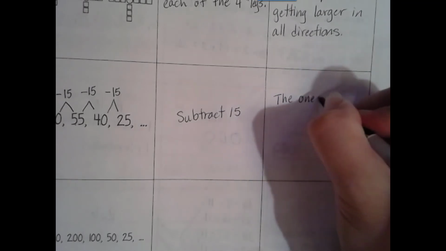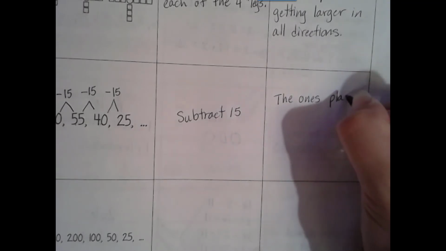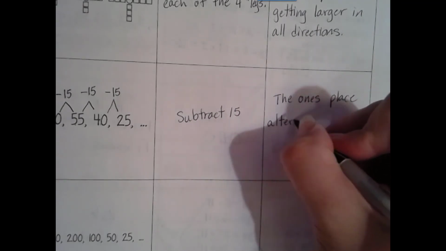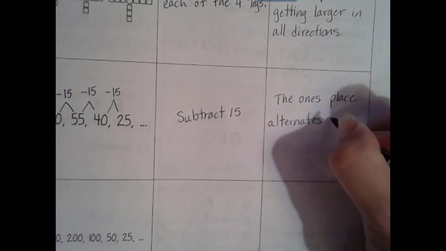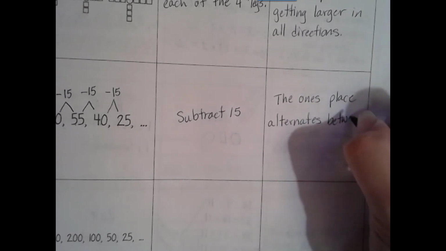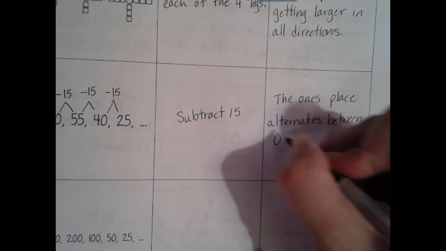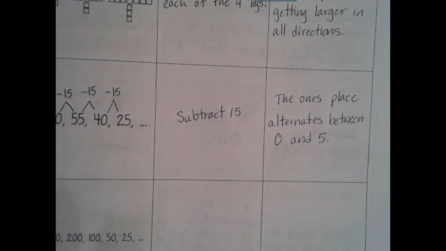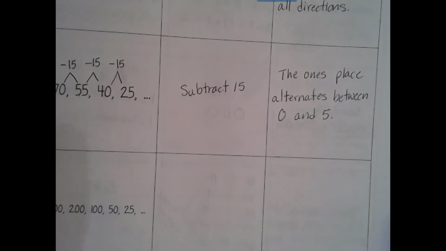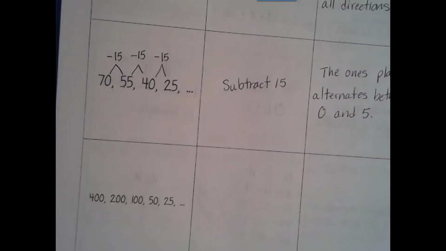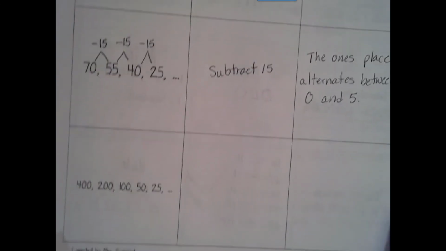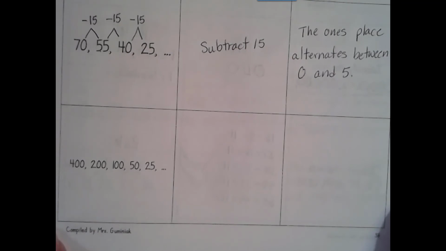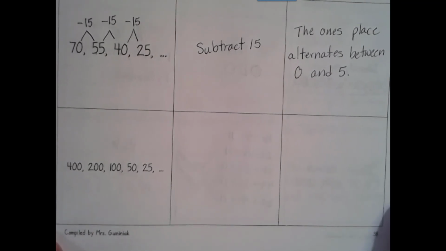The ones place alternates or switches between 0 and 5. You may have noticed something else. You could say it decreases. Just what do you notice about the pattern? It does not have to be the same as what I notice. There's a lot of possible answers there.